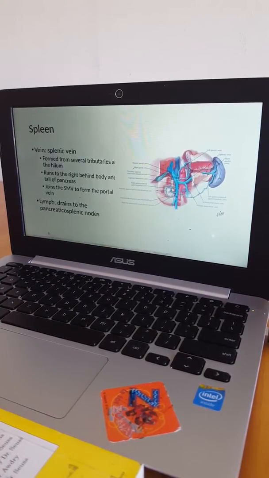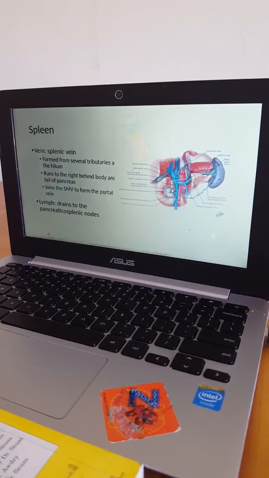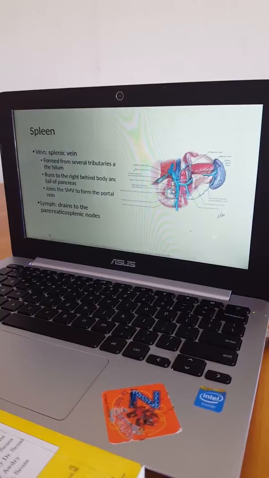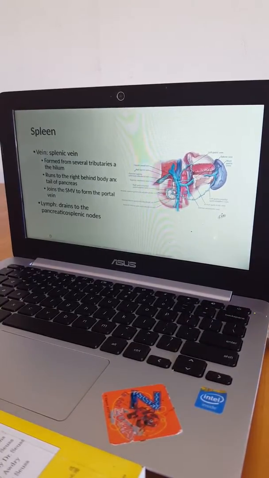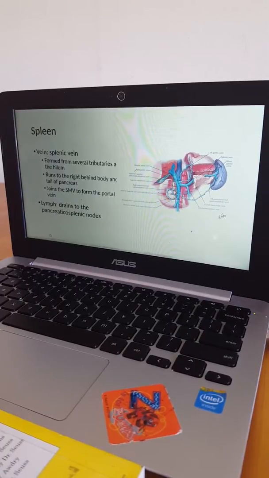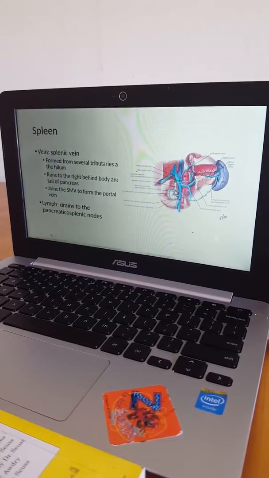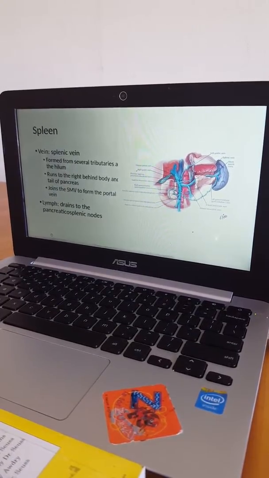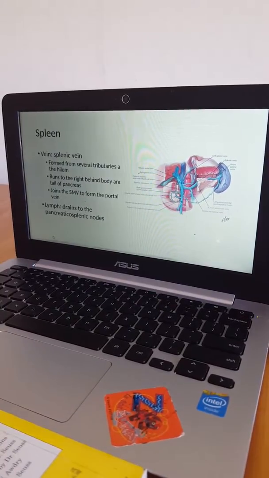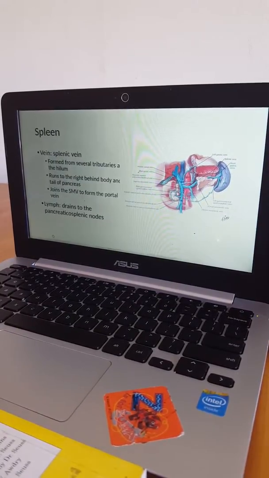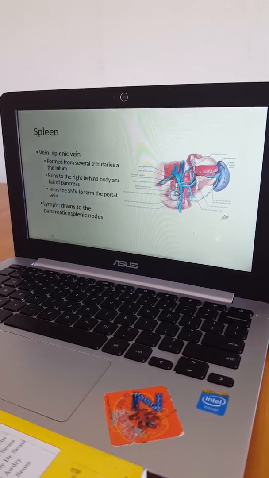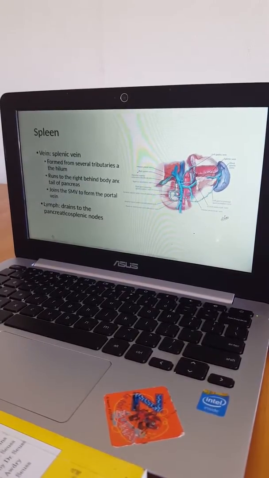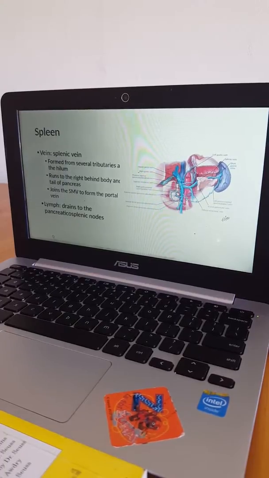So the vein is the splenic vein, formed from several tributaries at the hilum, runs to the right behind the body and tail of the pancreas. So it's a very important relationship behind the pancreas, and then joins the superior mesenteric vein to form the portal vein. So this we discussed in the pancreas, because we said that behind the neck of the pancreas this union happens, because it's a big system connecting the portal vein and the systemic vein.